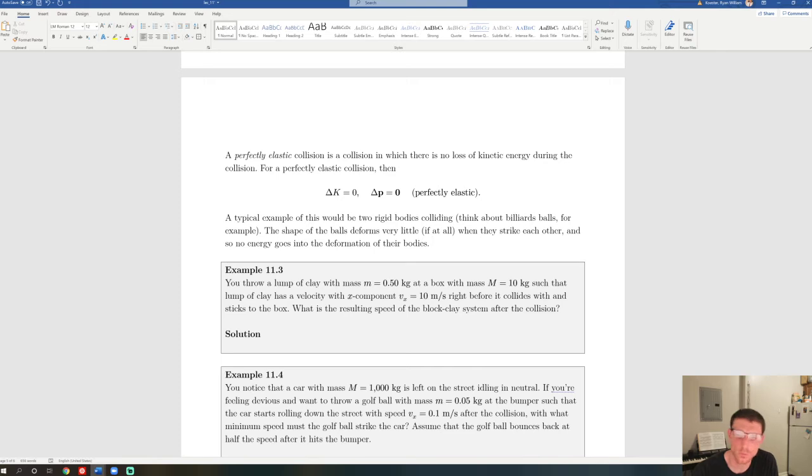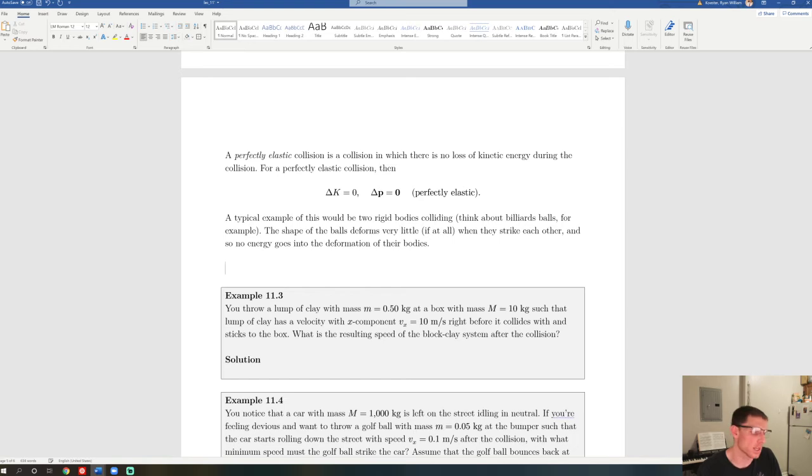Okay. So that's a perfectly elastic collision. Momentum is conserved and no kinetic energy is lost. So we could say kinetic energy is conserved as well. And let's talk about now an inelastic collision. It is a collision in which the kinetic energy does change, and it usually decreases.